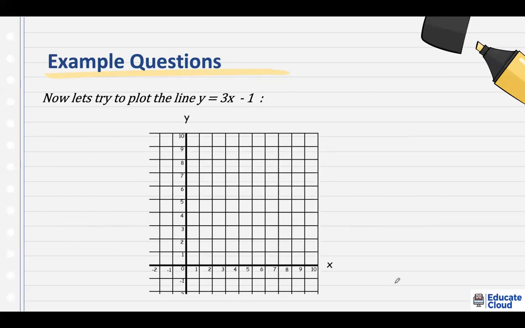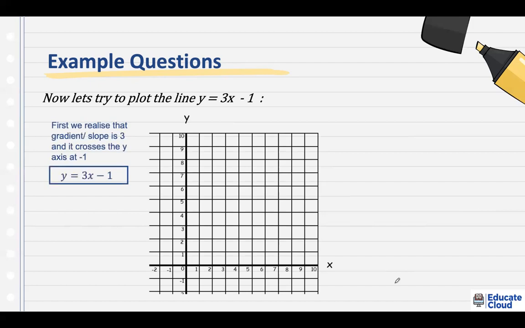Okay, so I hope you got those. And now we're going to learn how we can go about plotting a line. So y = 3x - 1. How can we plot it without using substitution? Firstly, we have to realize that the gradient is 3 and the y-intercept is at -1. And so we're going to start at -1 on the y-axis, because we know that it crosses at -1.